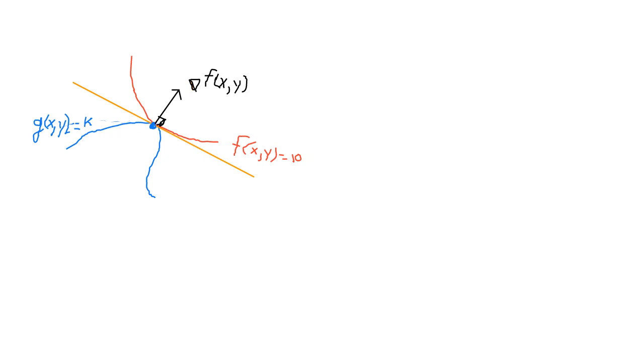Now I'm going to draw another vector also. Let's call this point x sub 0, y sub 0.